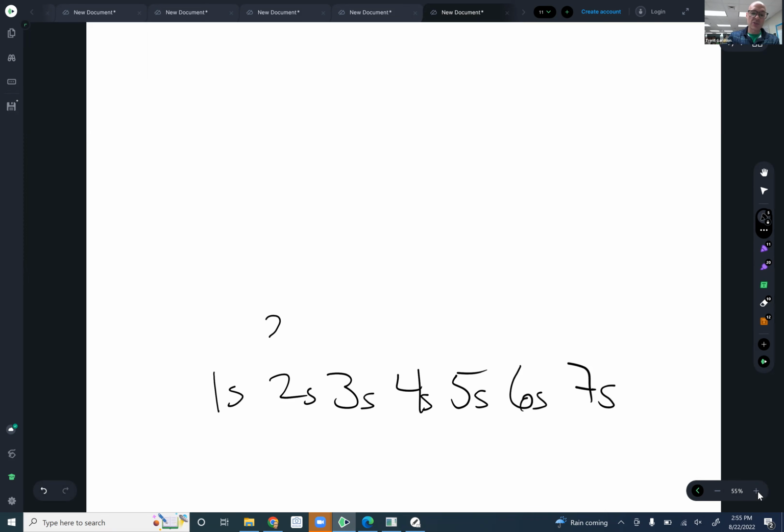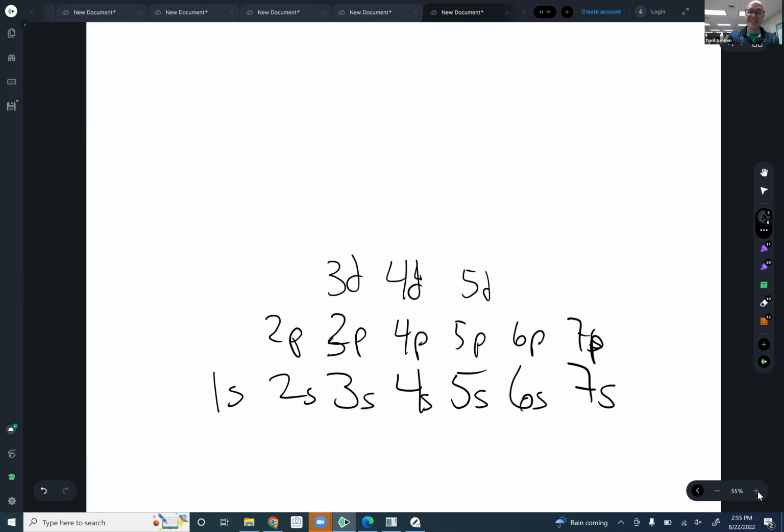Now the P's don't start until the 2nd energy level. So I will put in a 3P, a 4P, a 5P, a 6P, and a 7P. The D's don't start until the 3rd energy level, 3D, 4D, 5D, 6D, 7D, and the F's are going to do the same. They're not going to start until the 4th energy level. So we always sync back one more from them.